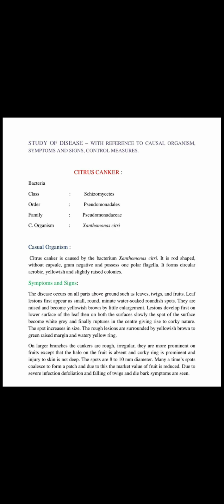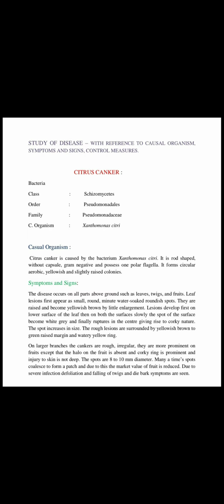The lesions develop on the lower surface of the leaf, then on both surfaces, and slowly the spots become white grey and finally rupture in the center, giving a corky nature. The spot increases in size, the rough lesions surrounded by a yellowish brown or green raised margin or watery yellow ring.